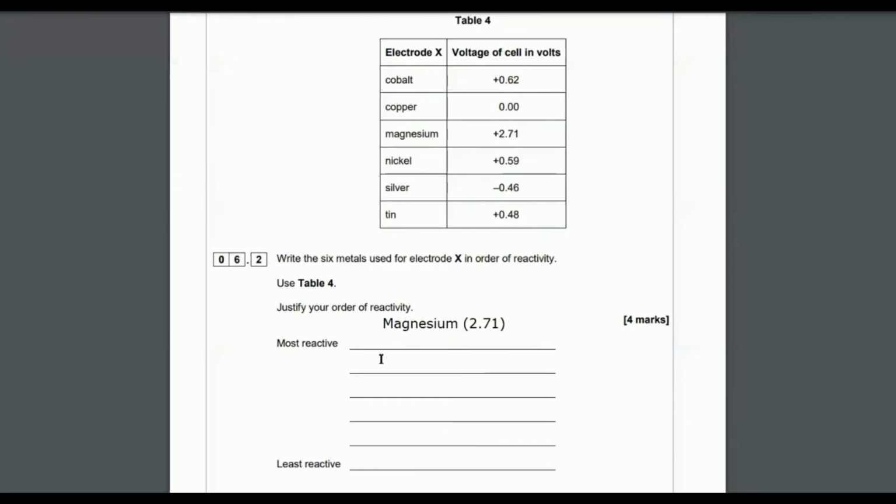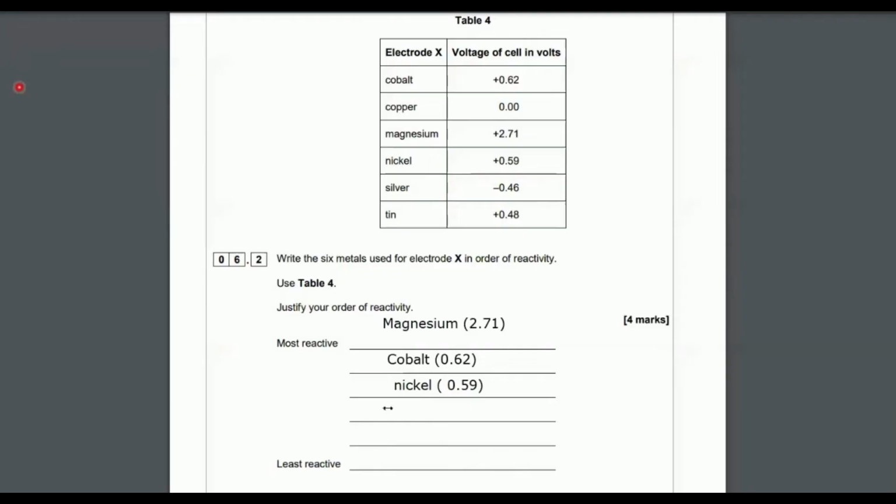So magnesium is plus 2.71. So that's going to be the most reactive. We've then got cobalt with plus 0.62 is the next most reactive. We're then looking at nickel, and nickel has plus 0.59.